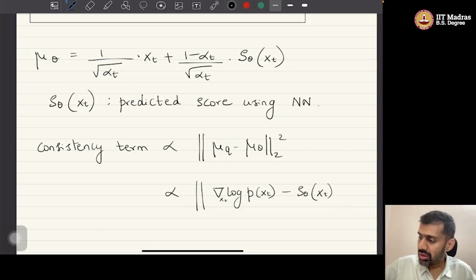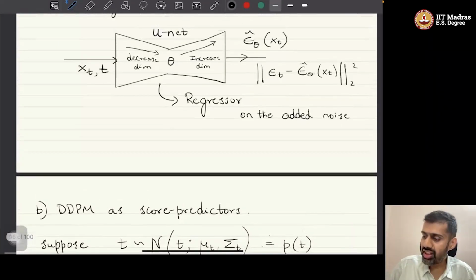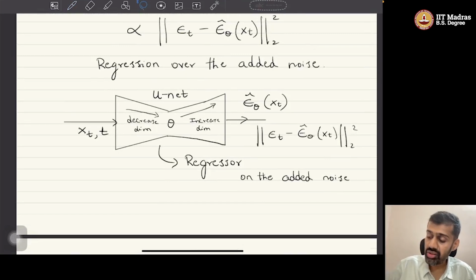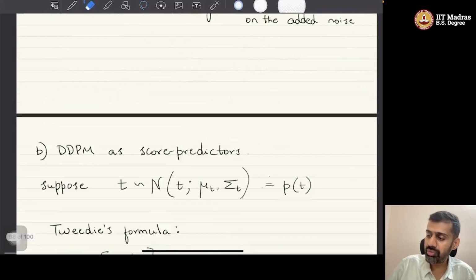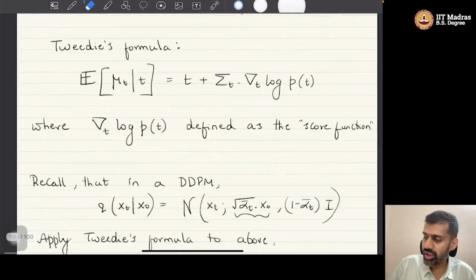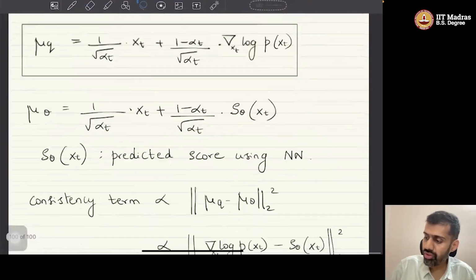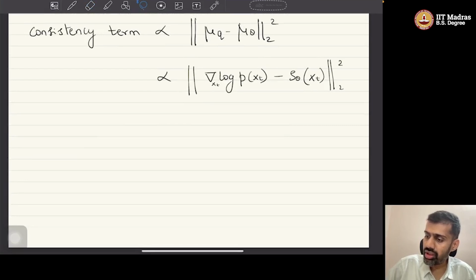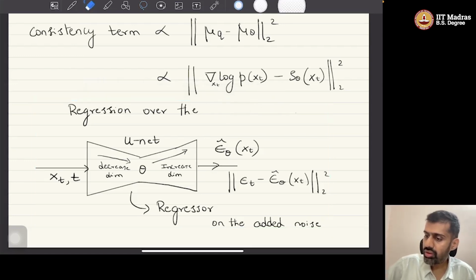Now we will write down the exact same structure that we had. So now this is the third or rather fourth interpretation of what we are doing in a DDPM. So the same DDPM can again be looked at as regression over the score of the distribution. This is regression over the score function.